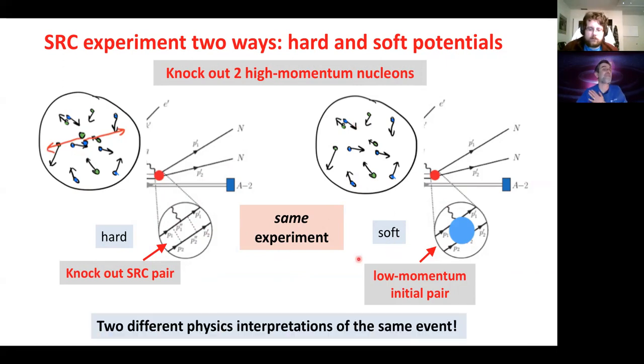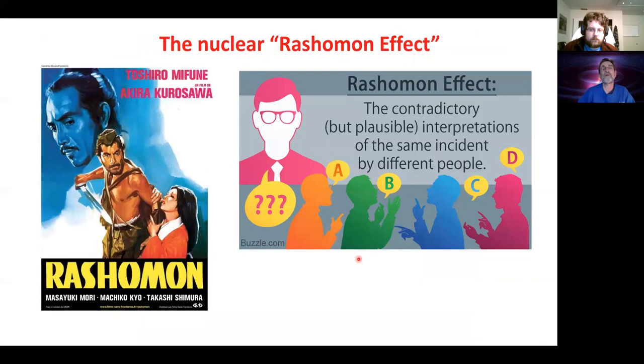So there are two different physics interpretations of the same event. This is something that you might call the nuclear Rashomon effect. Okay, so this is well before your time. It's well before my time, but I've seen this classic movie by the director Kurosawa, in which there's an incident that happens and a bunch of witnesses, and all the witnesses tell contradictory stories about what happened.